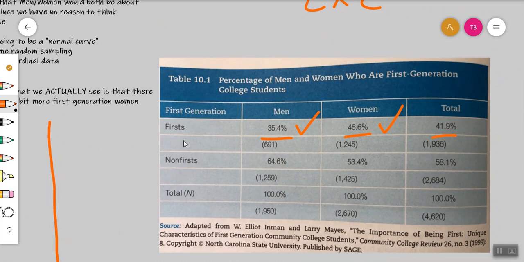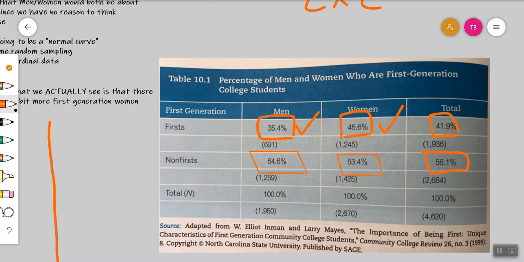We see that only 35% of men were first generation, while 46% of women were first generation. And we also see that among non-first generation, 64% were men and 53% were women. So here are our assumed numbers from up above, and we see there's actually a difference between the two.